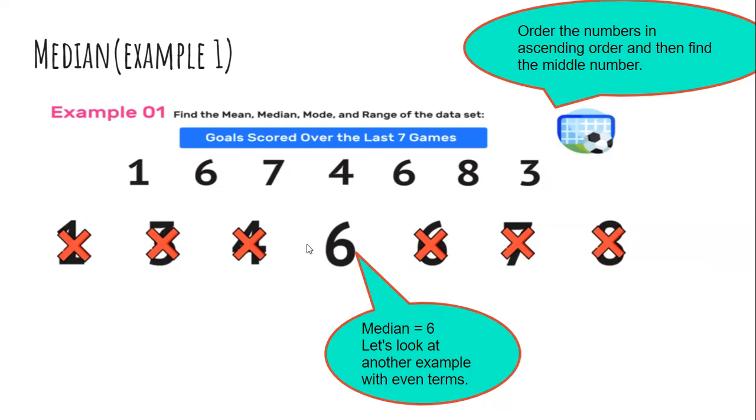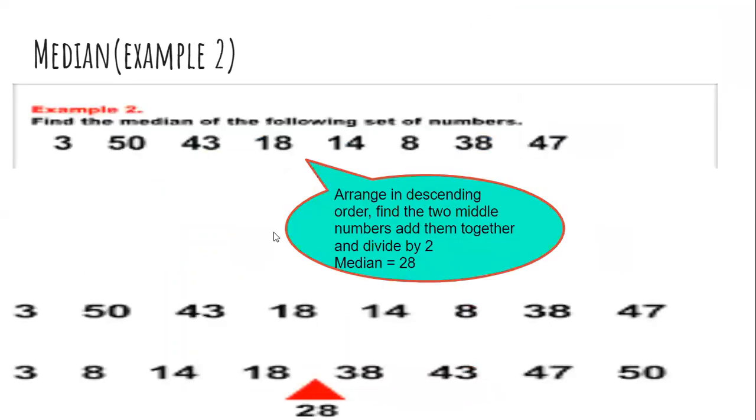But this is only an example of one. What happens when the numbers are not 7, which is an odd number, but the numbers are even? So now let's look at an example where the numbers are even. In this example, the median is calculated for even numbers.